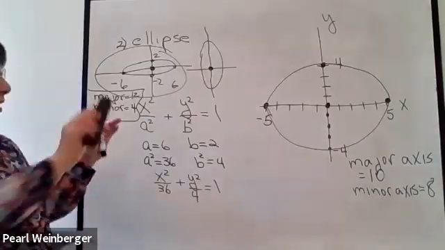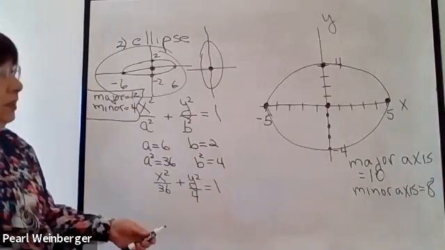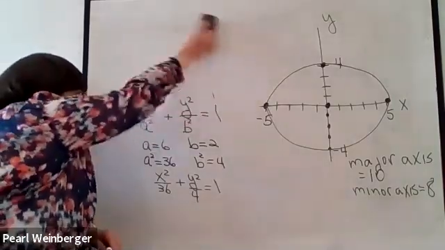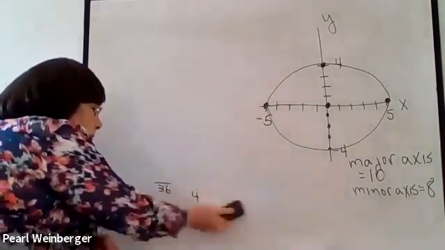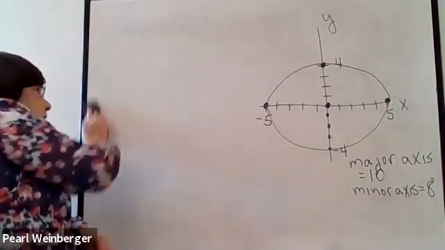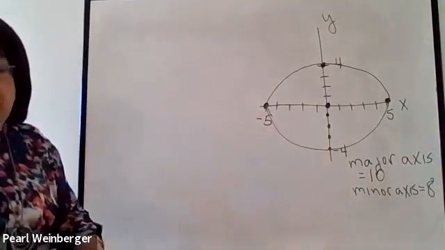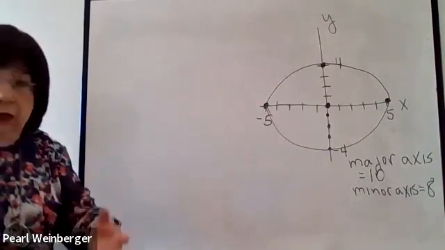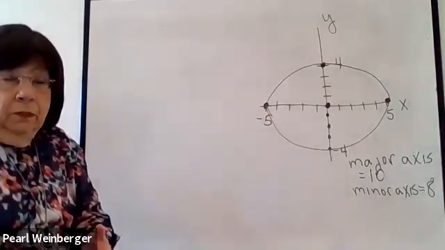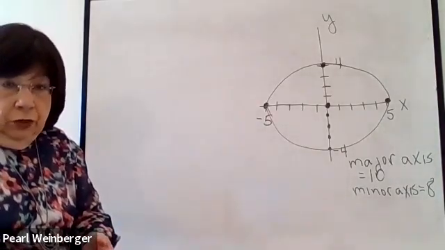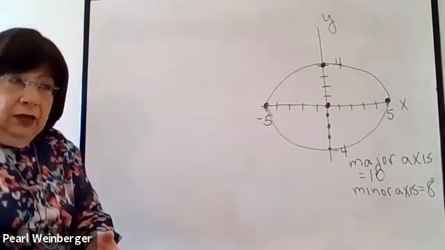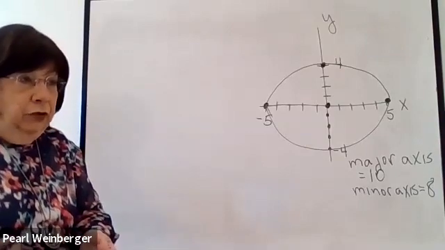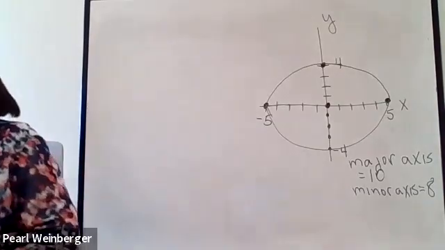Okay, so I'm going to erase some of this because it's getting rather messy, and I'm going to continue with what I wanted to say about the ellipse. Now, I specifically told you what the ellipse equation looks like in standard form, but not always is it in standard form. We're going to have to recognize an equation of an ellipse, even if it's not in standard form, so that we can put it in standard form.